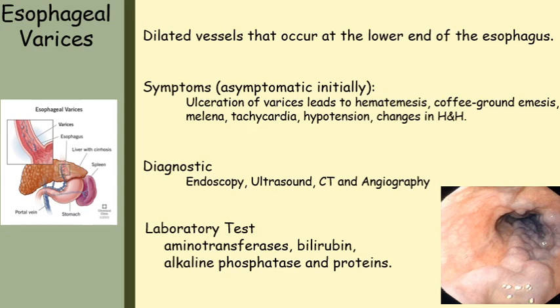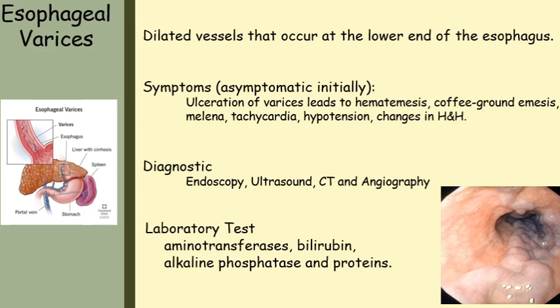Esophageal varices. Esophageal varices is on page 890 in your textbook. It talks about the collateral blood vessels, and it is due to portal hypertension. The thin-walled vessels are very inelastic.